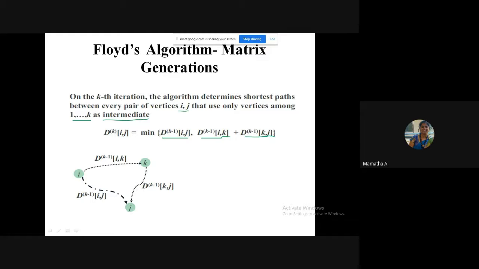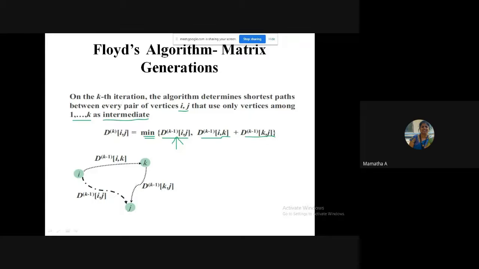Can anybody guess what this gives me in the previous matrix? In the previous matrix, that is k minus 1, I get D of k minus 1 of i comma j.